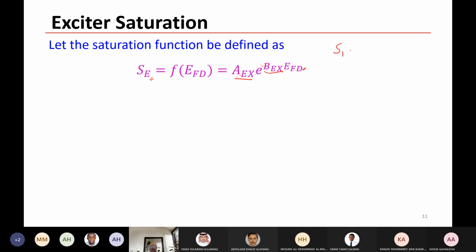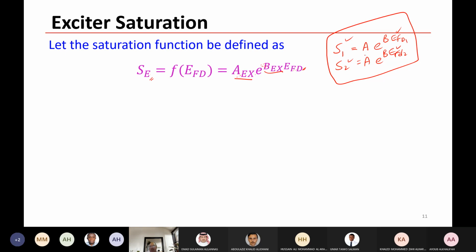So you have S1 equal to A e to the power B times EFD1. If this is known and this is known, you have one equation in A and B. And also S2 equal to A e to the power B EFD2. So if you have two measurements, you can get the A and B constants.